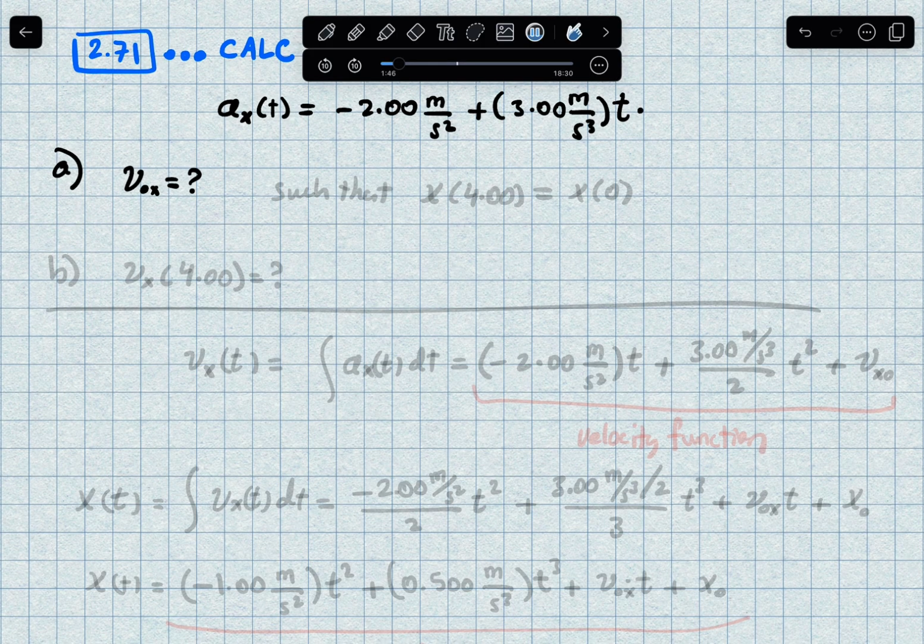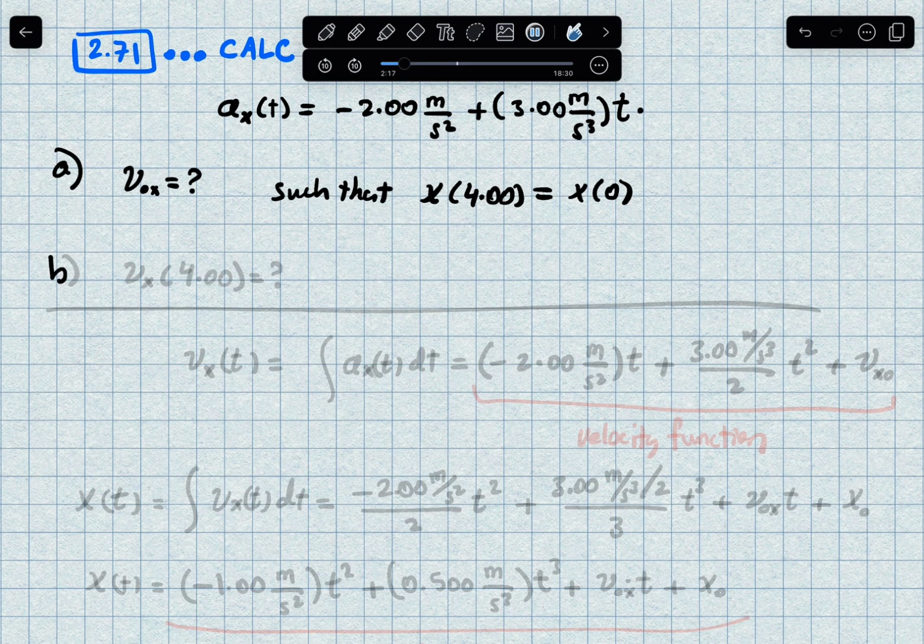So basically, the speed required such that x of 4 equals x of 0, from what I understand.